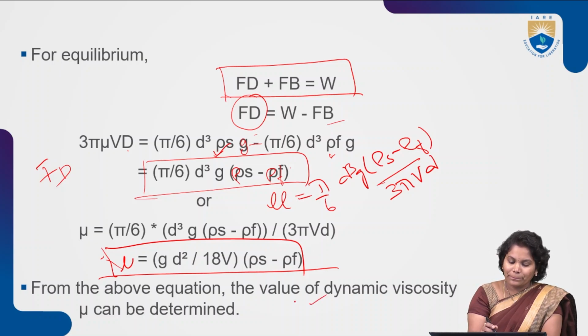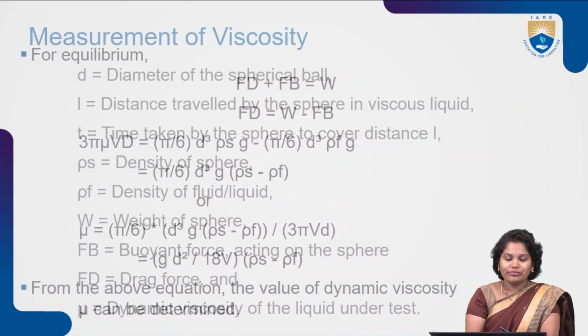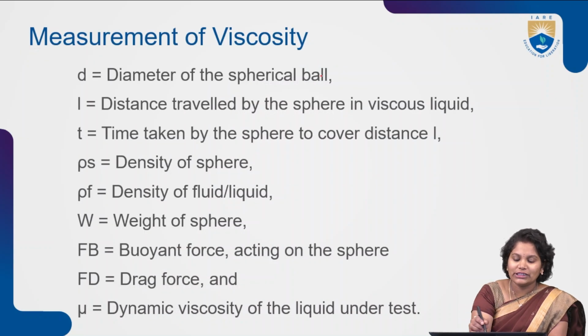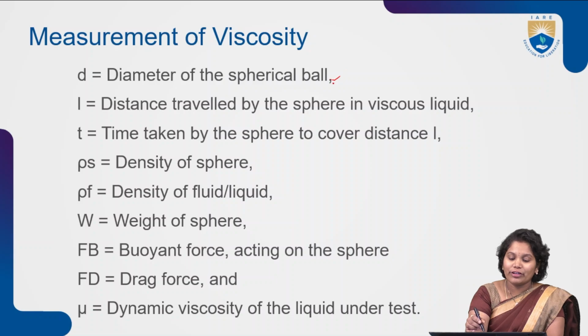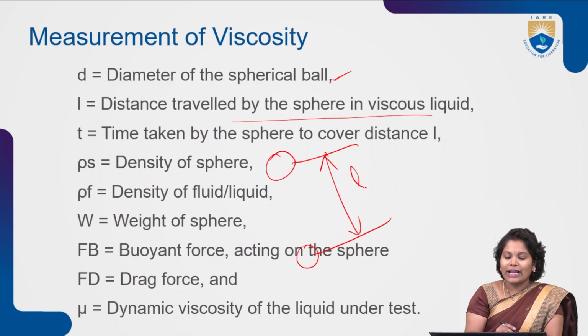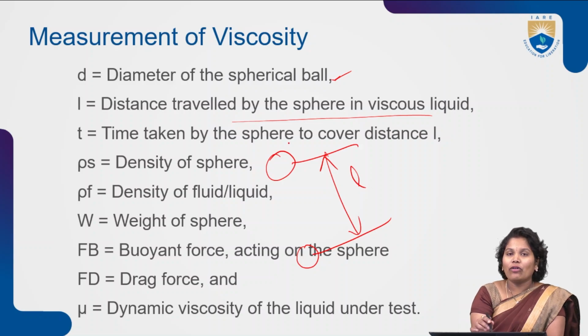Now another method. See, here are the terms. D is the diameter of the spherical ball, and L is the length, the distance between where the sphere starts dropping and the end, a certain length L, and t is the time the sphere takes to drop from one point to the other. Rho s is the density of the sphere and rho f is the density of the fluid which we are going to measure, and W is the weight of the sphere, that is rho g.